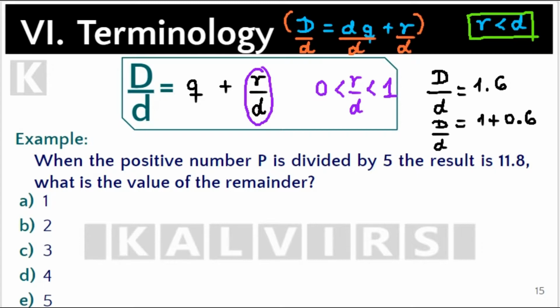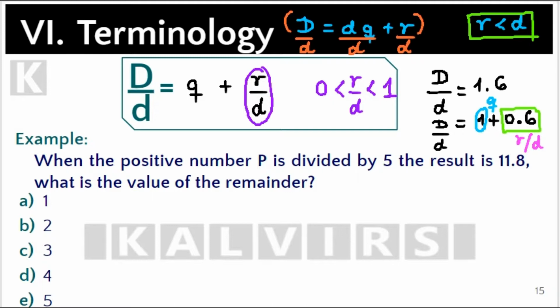Now we know, according to this formula, that the integer 1 is the quotient and this number 0.6, since it is between 0 and 1, it has to be the remainder over the divisor.